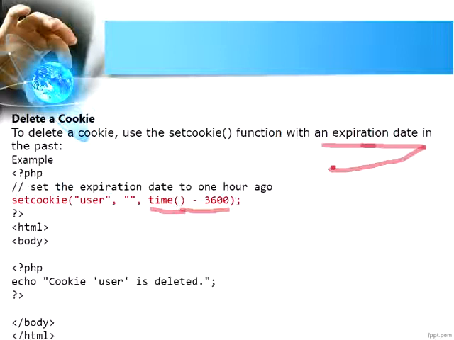So to create a cookie, we specify the name, the value, the time, etc. To modify the cookie, we specify the name and the new value, and to delete the cookie, we specify the name of this cookie, and we must prepare a time minus value. So the time will be in the past. It's clear? Any questions?